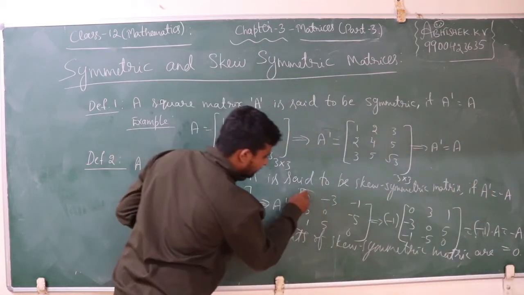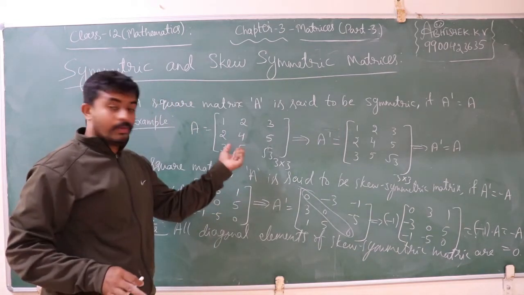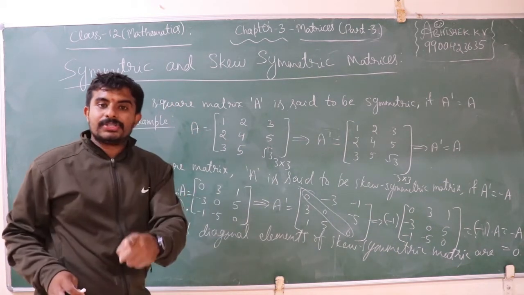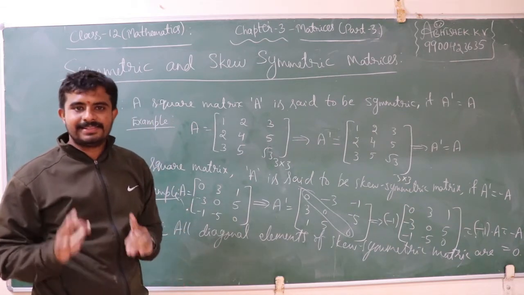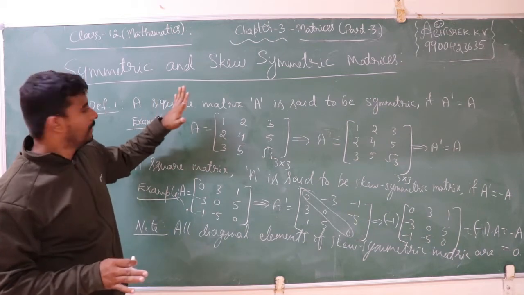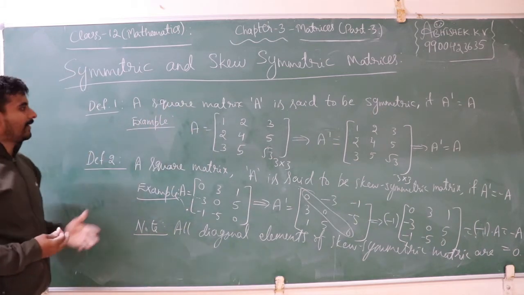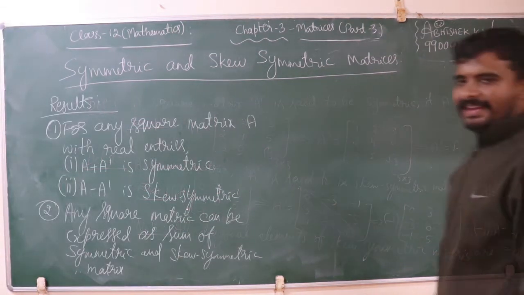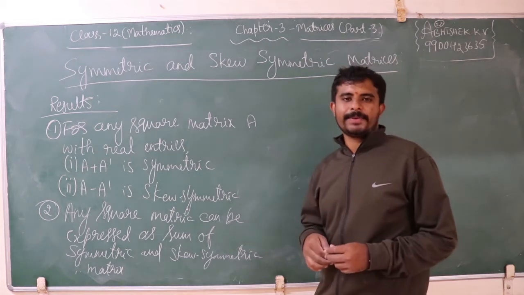See, consider these diagonal elements, but in a symmetric matrix they may not be. If diagonal elements are equal to 0, then that matrix should be a skew symmetric matrix. Keep remembering. Is it clear? So this is about the definition and example of symmetric and skew symmetric matrix. Please note down. Yes, let us move on to the results of symmetric and skew symmetric matrix.